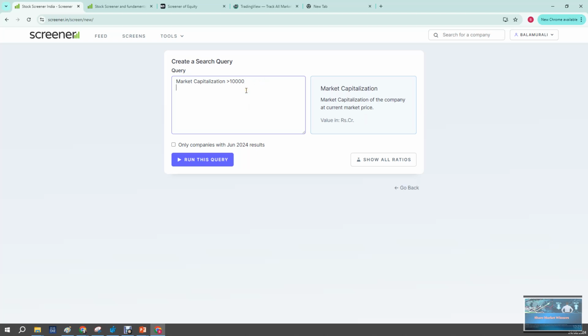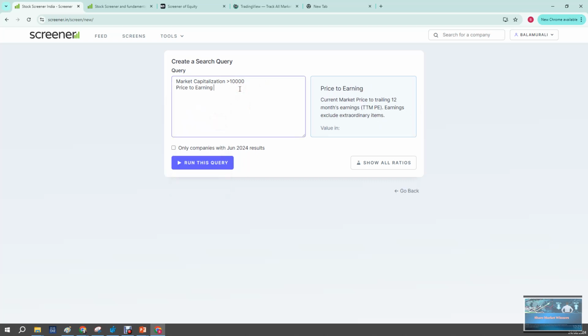Then you can say P/E, price to earning ratio, is greater than 15, and less than, let's put 15 and 30.